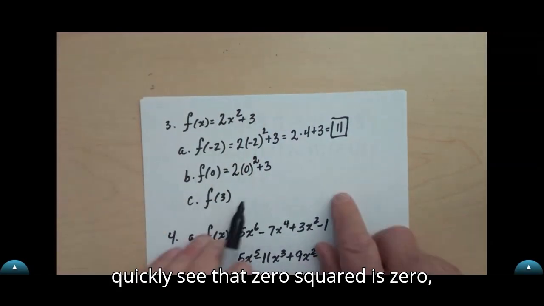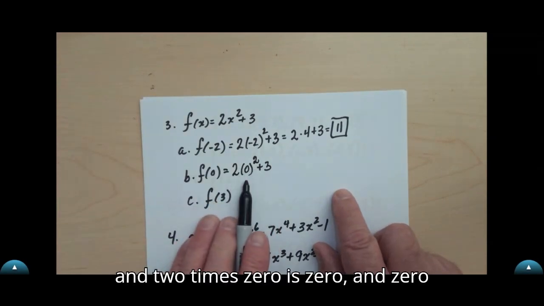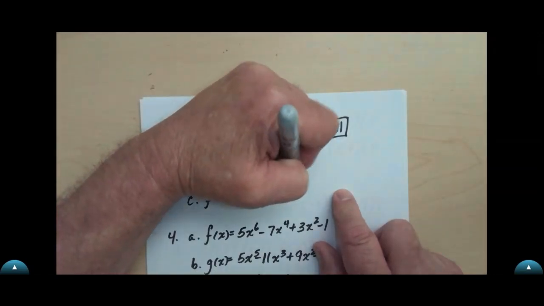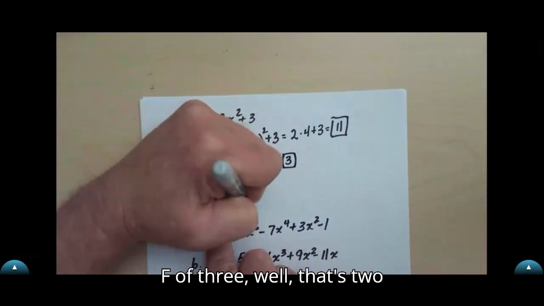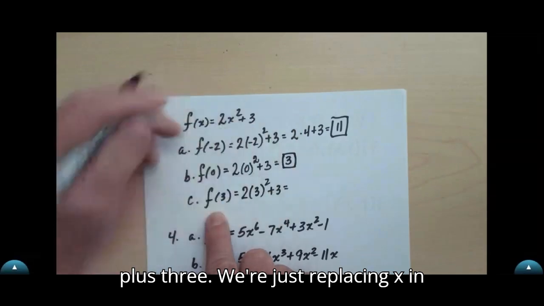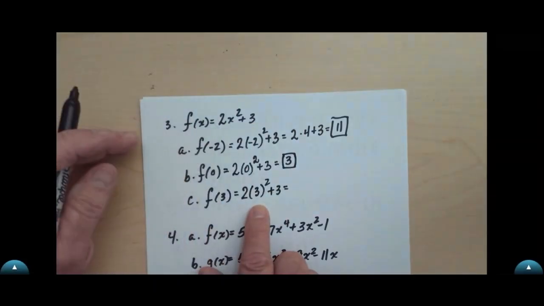But you should pretty quickly see that 0 squared is 0, and 2 times 0 is 0, and 0 plus 3 is 3. F of 3, well, that's 2 times 3 squared plus 3. We're just replacing x in this function with 3.